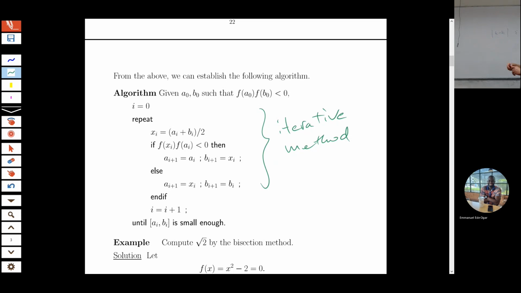Or sometimes, if you want to see this in a relative form, then some people use AI minus BI divided by the magnitude. This gives you some idea.